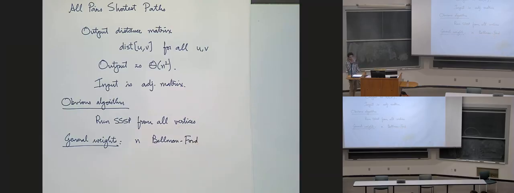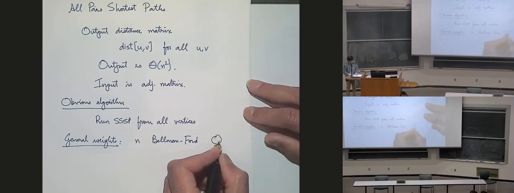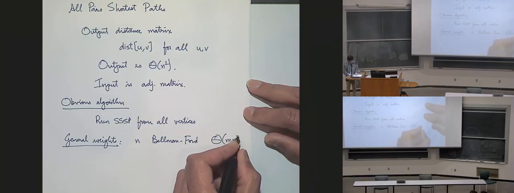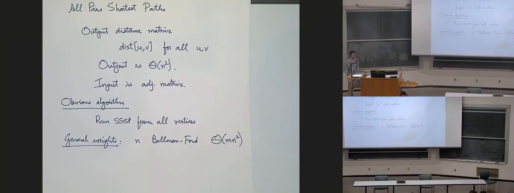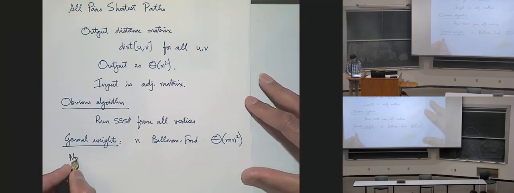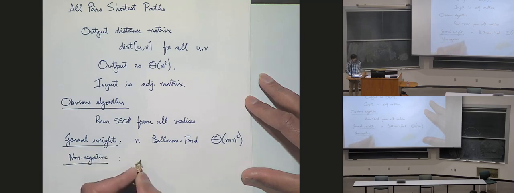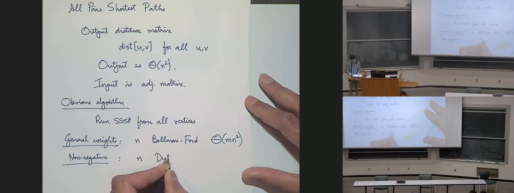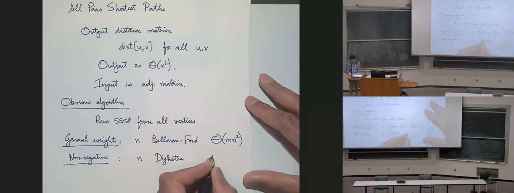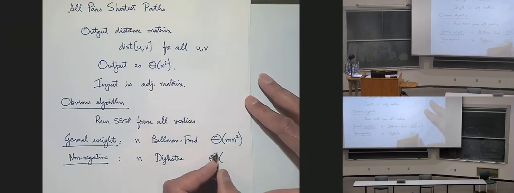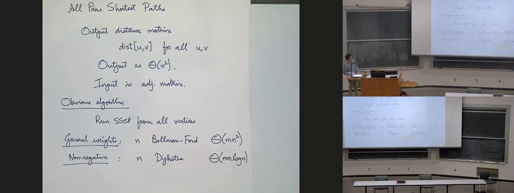Or maybe you could use Feynman's algorithm, but essentially what you're looking at is mn squared, or maybe it's like 16 over 9, so it's some m times this thing. And if it's non-negative, then it's n Dijkstras, and we're looking at something like mn log n.